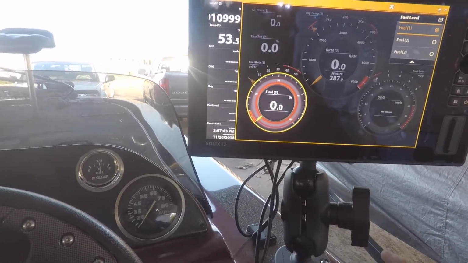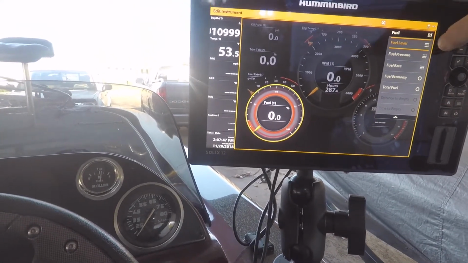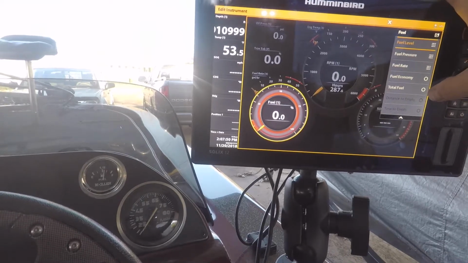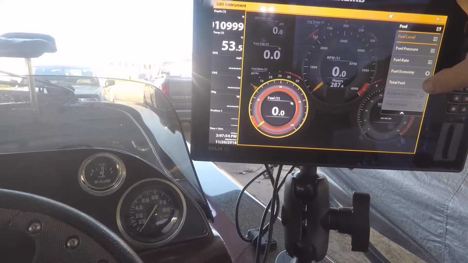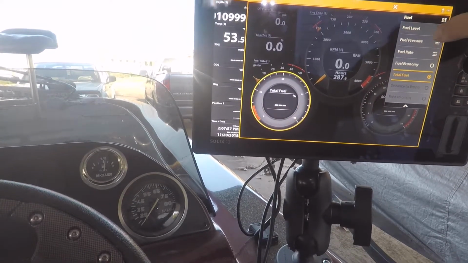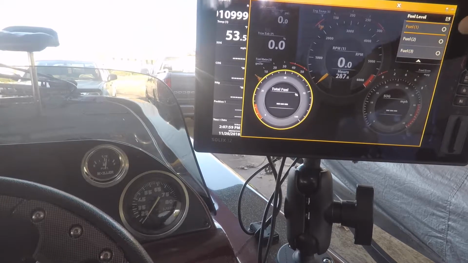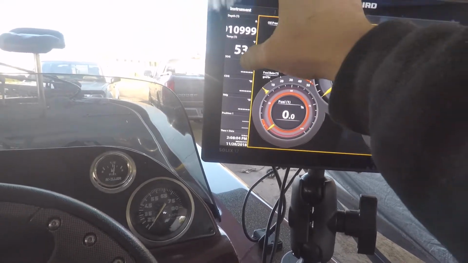Anyway, I'm not sure about that yet, but I would think fuel level. Do fuel level. So there you go.